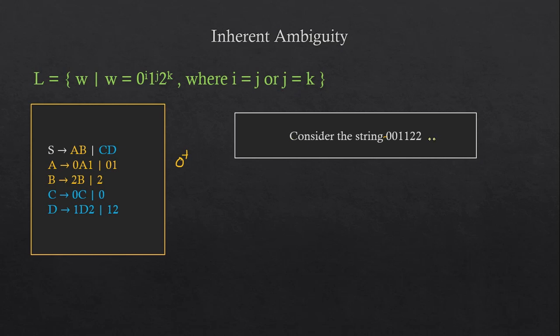Now consider this string. In this string, I have equal number of zeros, equal number of 1s, equal number of 2s, which obviously satisfies both of these conditions in fact. And as you can see, I can produce this string even if I go this route or if I go that route.